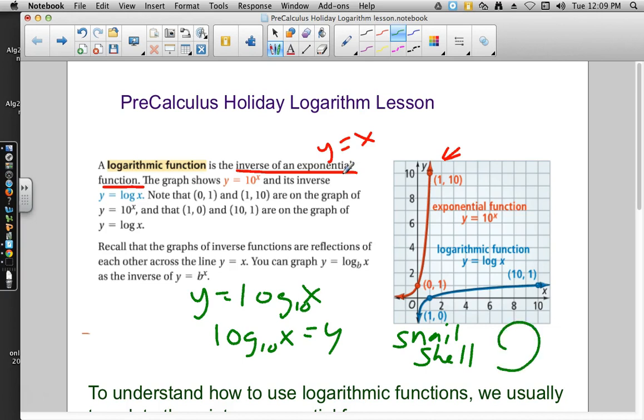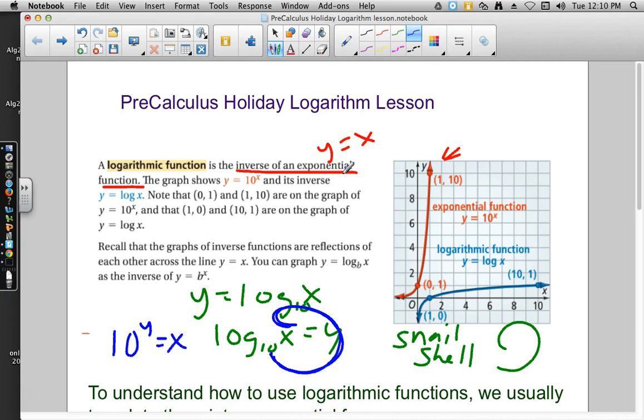And what you want to do is make a snail shell. You're going to start at the base, which is the smaller number right after the log, and you're going to make a snail shell. And that tells you how to write that exponentially. So this will be 10 to the y equals x. Logarithms, by the way, are one of the most pure inverses that we have.